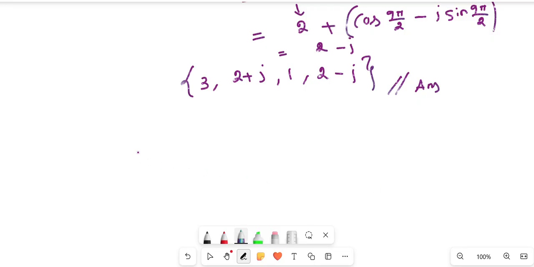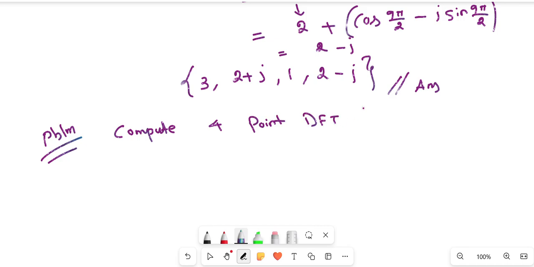Similarly, you can do the convolution of DFT. I will give another example, you can practice. So problem 2, the same way you can practice: compute 4-point DFT of 0, 1, 2, 3, the same way you calculate.